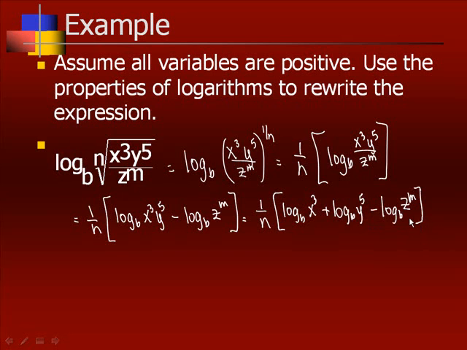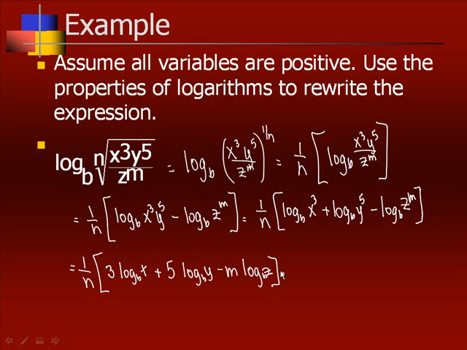Now, a couple more steps actually. Let's leave the 1 over n out front. The log of x to the third is 3 times the log of x base b. The log of y to the fifth is 5 times the log of y base b. Minus the log of z to the m is m times the log of z base b.